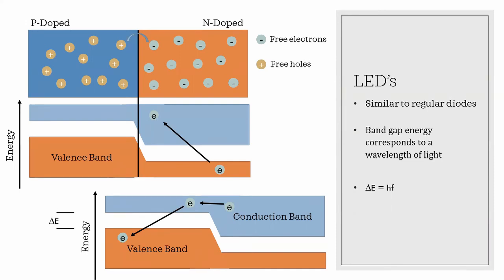Remember that light is a form of electromagnetic energy where the energy is equal to h times the frequency, where h is Planck's constant. If we carefully construct our diode, we can ensure that as some electrons cross the junction and drop into the valence band on the other side, the energy that they no longer need is then converted into light with that specific energy. And because that energy is associated with a specific frequency, we get a specific color for that.